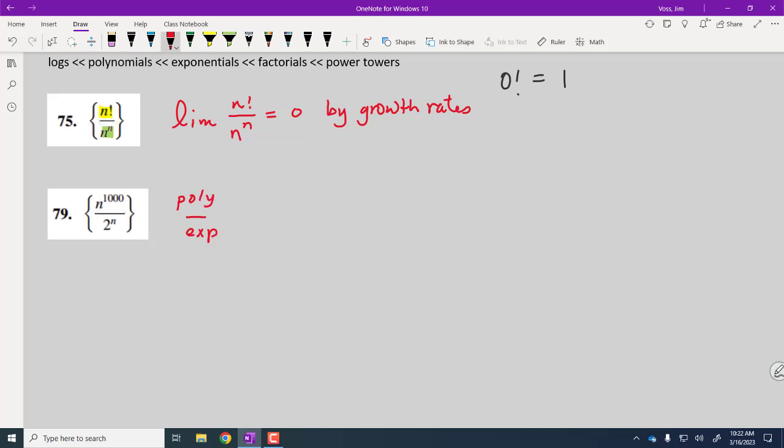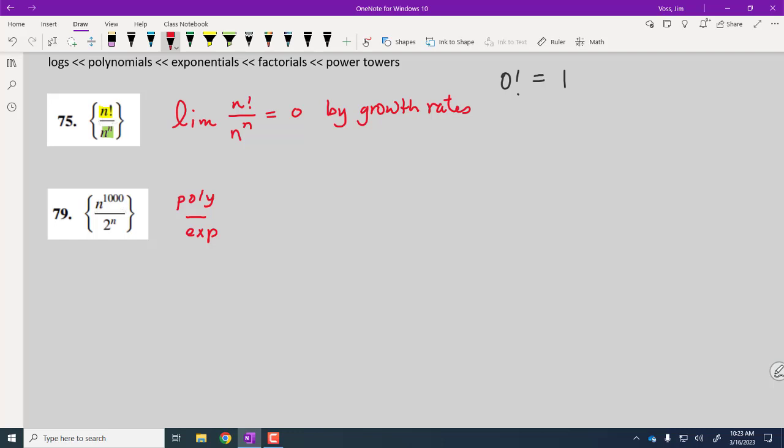The exponential is going to go to infinity faster than any polynomial. Maybe not in the first million terms, but if you go out 10 million terms, any exponential is going to blast past a polynomial, no matter how high the power on the polynomial is. If it's n to the 10 million, 2 to the n will eventually pass it, and pass it fast.